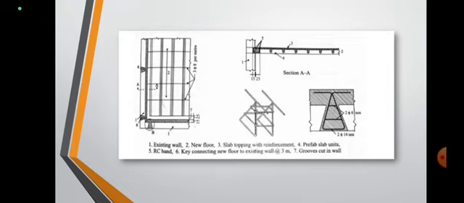Then how the bars are placed is also shown in the figure, like a corner, and then it is extended more on both sides, and it may be 2 diameter 14 bars or like this.